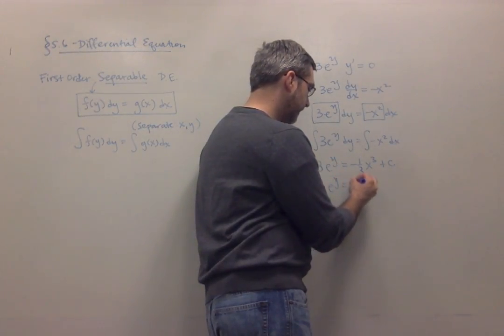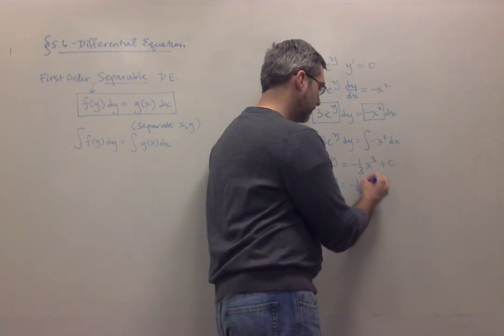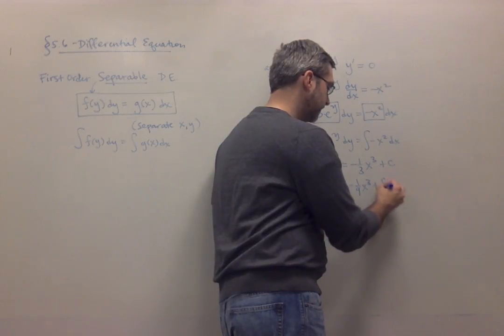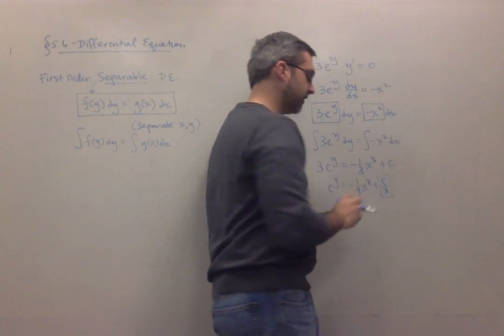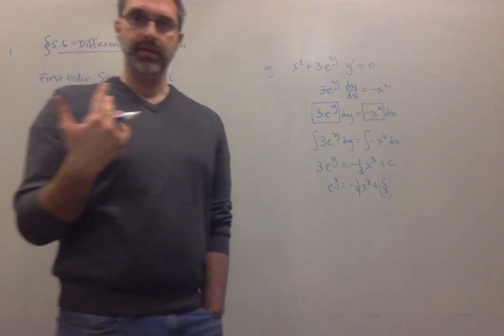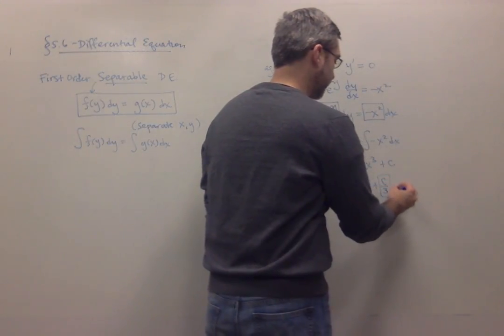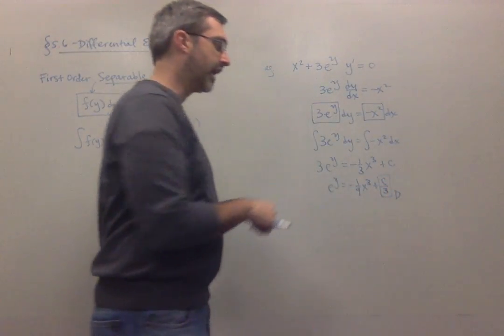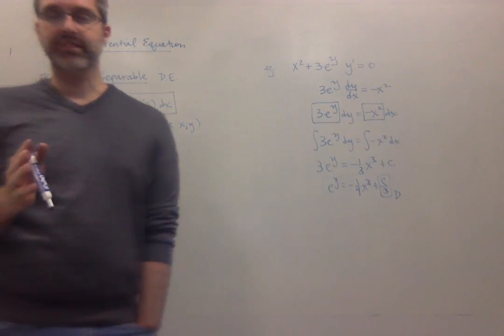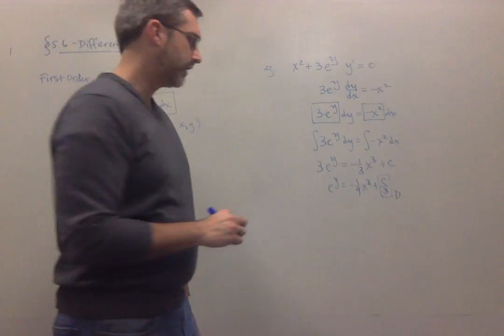So I get negative 1/9 now, x cubed, plus some constant over 3. And since c is some arbitrary constant, it could be 1 or 3 or a million. C over 3 is just going to be some other arbitrary constant that I'm going to call d. You're going to see us do this a lot. When you take an arbitrary constant and multiply it by something, you just get another arbitrary constant, okay?